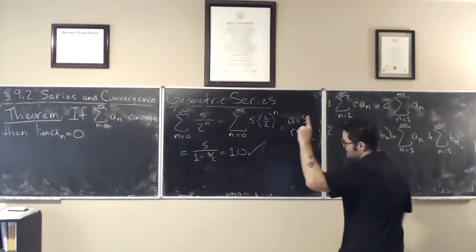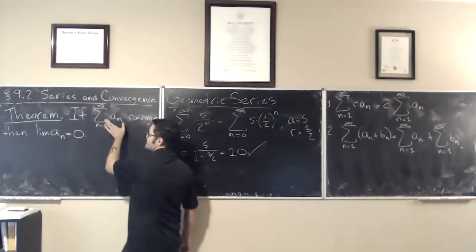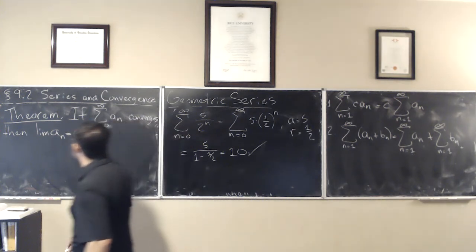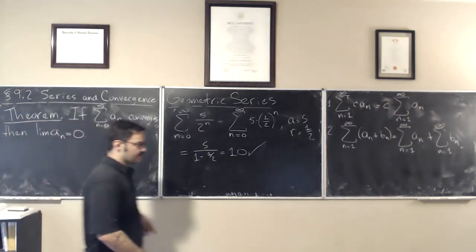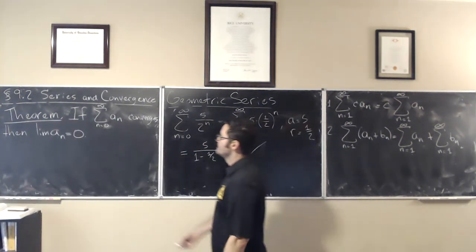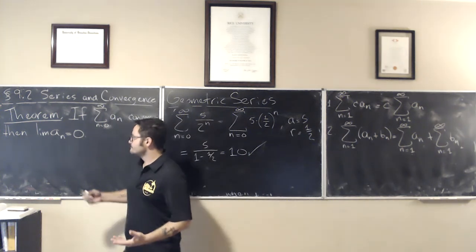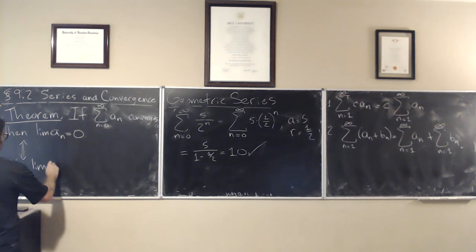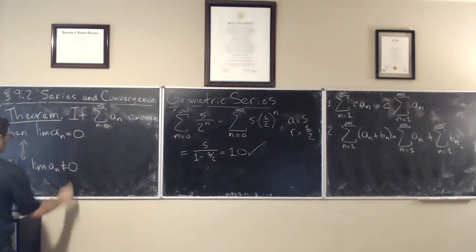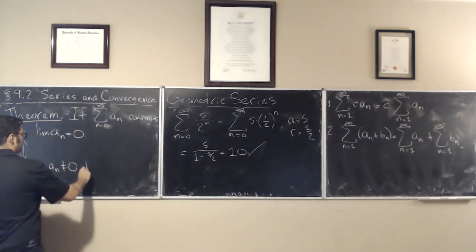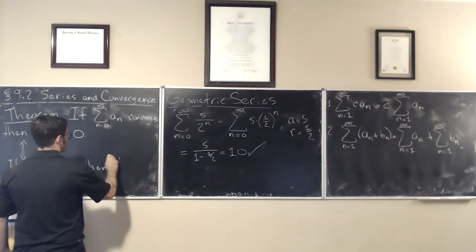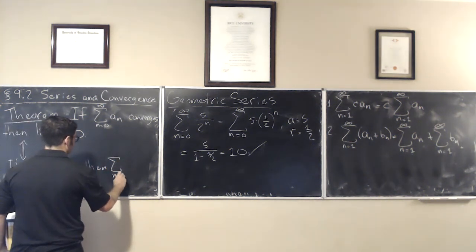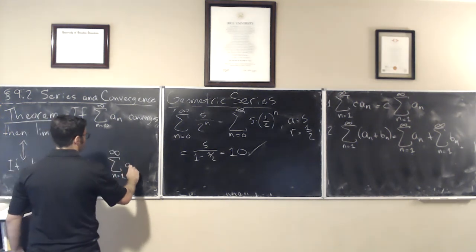Now a sub n is not the partial sums; it's just the terms of the series. So this theorem states that provided the series converges, then you know something about the limit of these terms. The contrapositive of this statement is that if the limit of these terms does not equal 0, then this series diverges. This is the contrapositive of that statement.